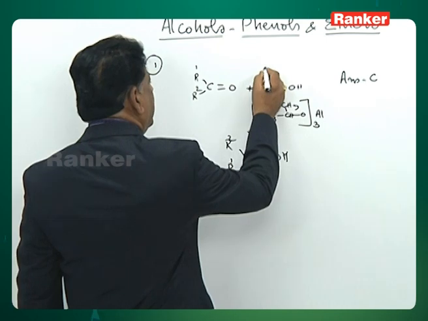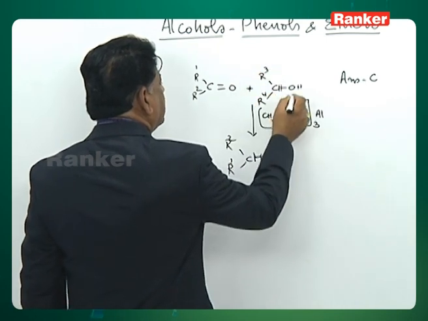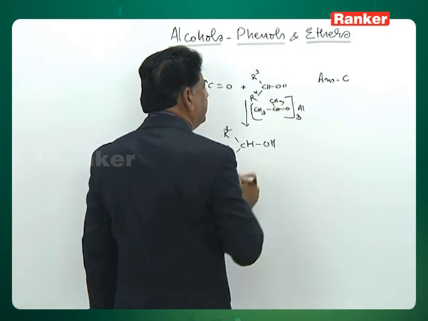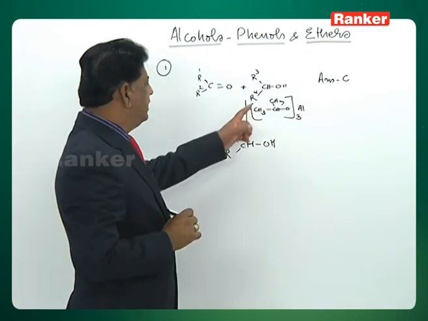And this R3 R4 alcohol is the one which is used as a scapegoat here, that is consumed.